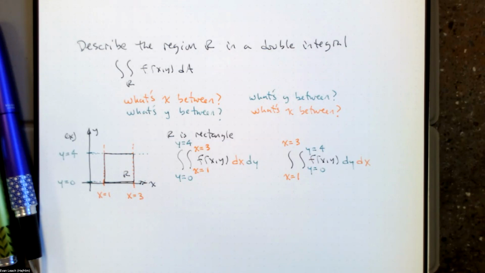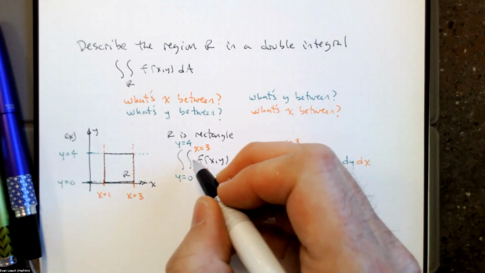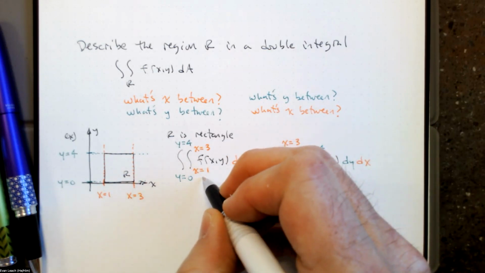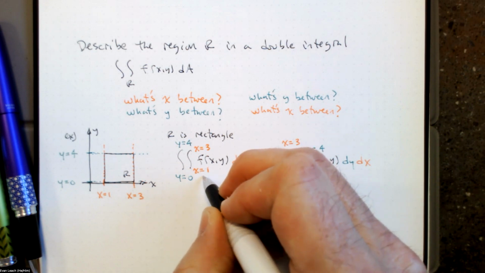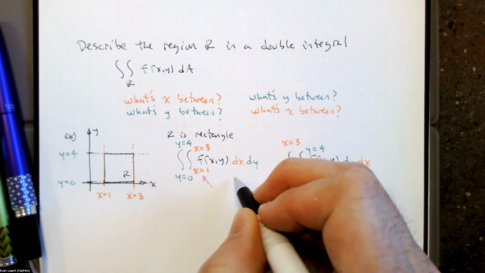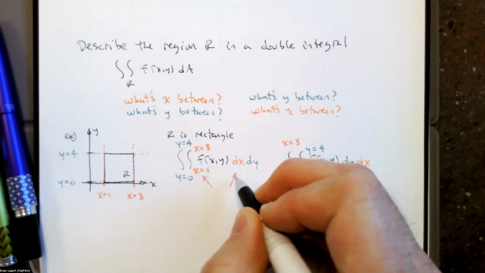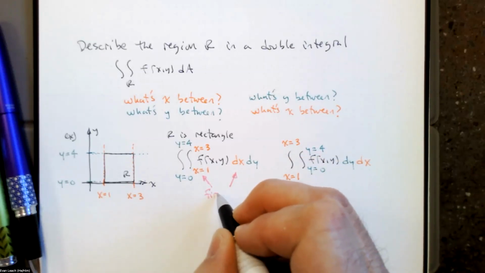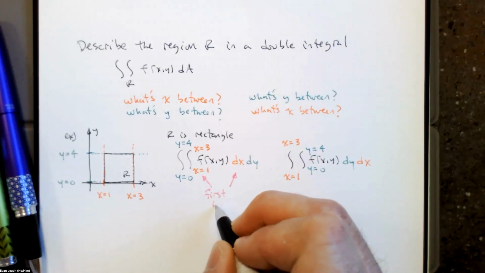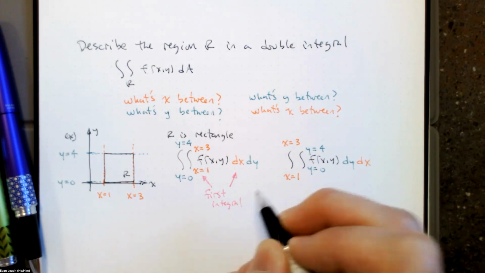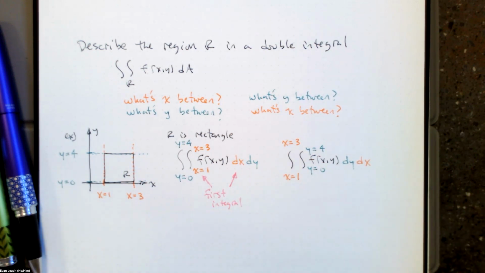We think about doing the integrals from inside out. So when I describe a double integral, I'm going to refer to this inside one as our first integral. And then the outside one, sometimes I'll say outside, but I'll also say the last integral.